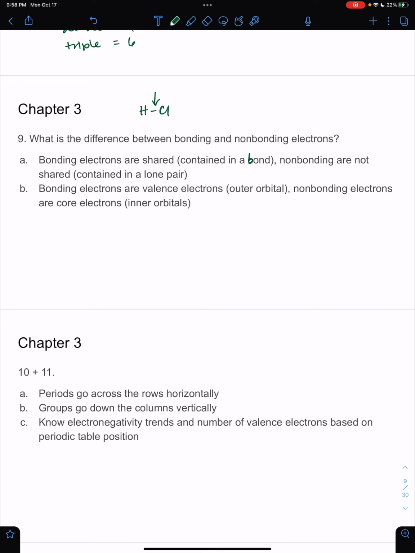These are bonding electrons. Non-bonding electrons are not shared, so they're usually in a lone pair. So they might look like this. These would be non-bonding because they're not contained in a bond.